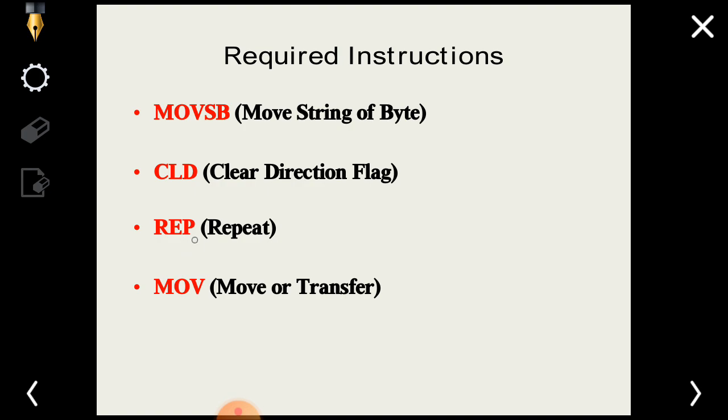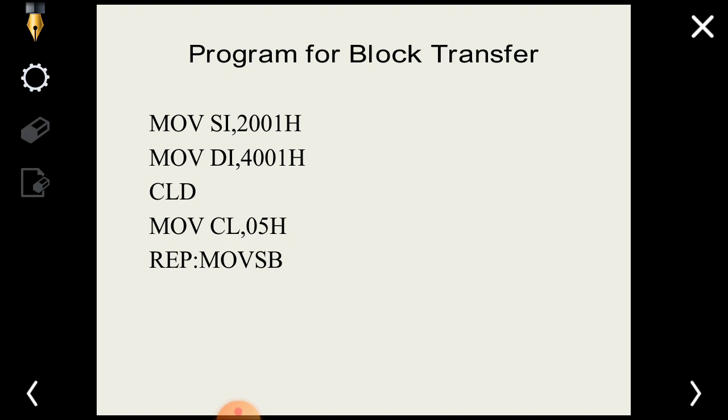Next we require REP, which stands for repeat. It is used to repeat the MOVSB instruction. Next we require MOV, which stands for move or transfer byte from source to destination. So by using these instructions we have to write the program.